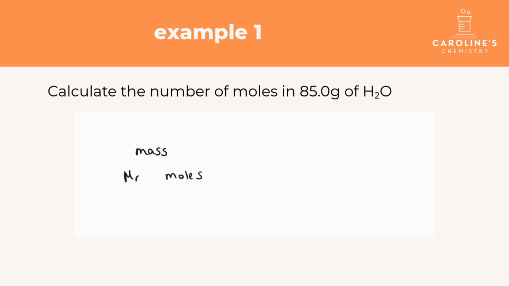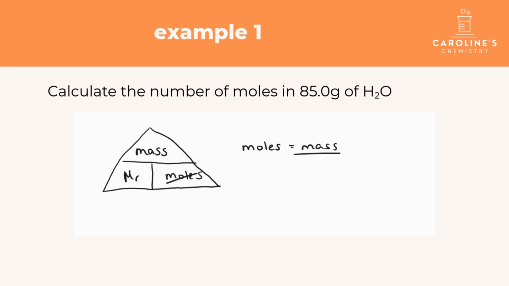The way to remember it is here's Mr. Moles being crushed by a great heavy mass. Now, in order to use the triangle, all you do is cover over the one that you are interested in finding out, which here is moles. So that means moles is equal to mass divided by the MR.